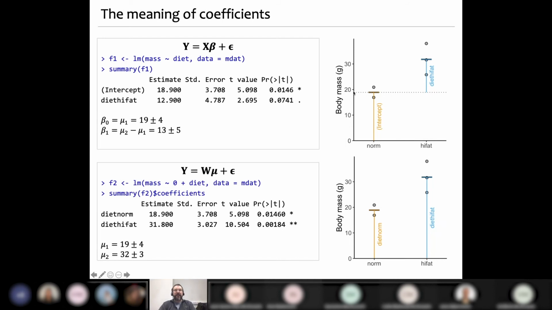This is the mean of normal diet and is then represented here as the dotted line. This is our reference. The contrast diet high fat is the difference between the mean of the second group and the reference. In the second case, each coefficient is simply the mean of a given group.